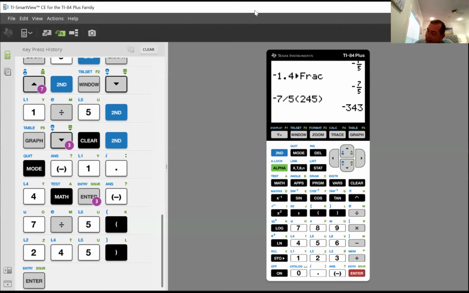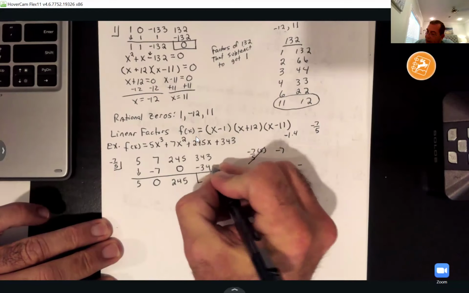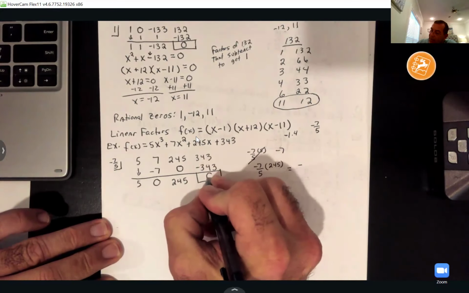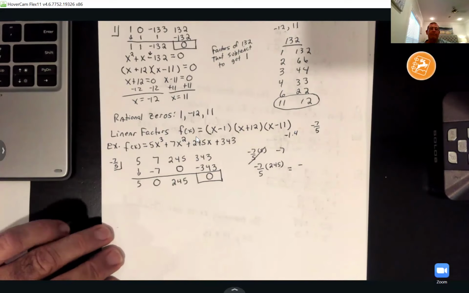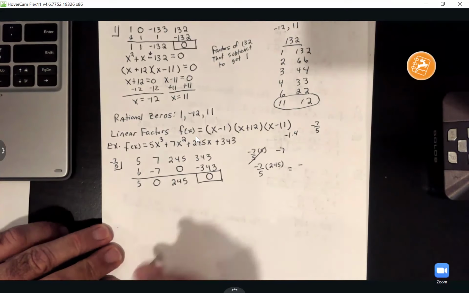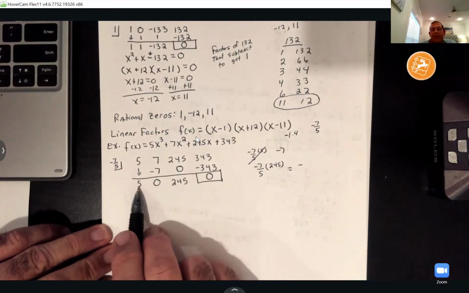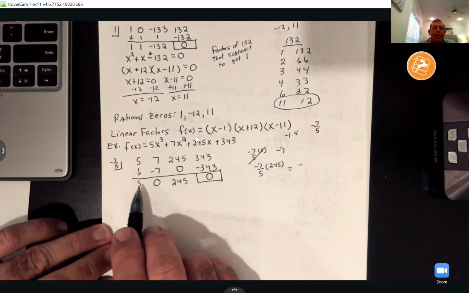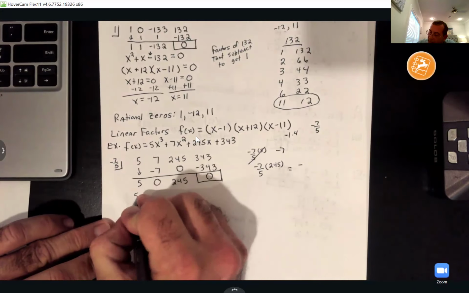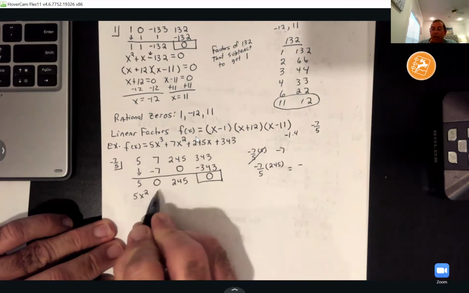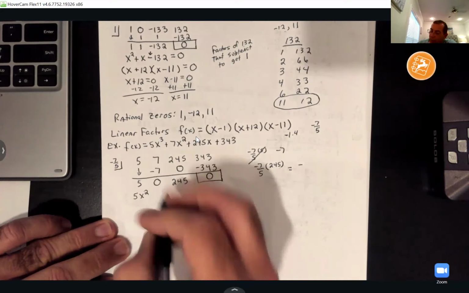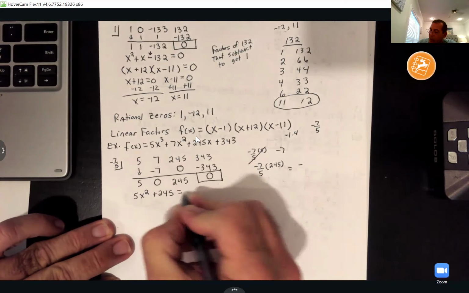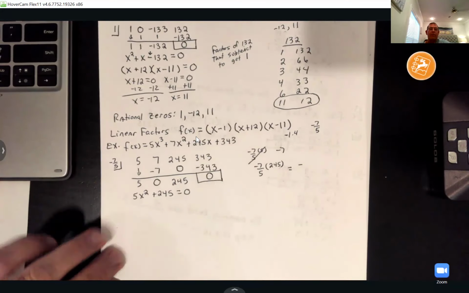We had to get a -343 there, because if we got the right zero, then that remainder had to be 0. Okay. So remember what we got here. This is now an x squared, since it started out with an x to the third. So this is 5x squared plus 0x plus 245. I'm going to set that equal to 0.